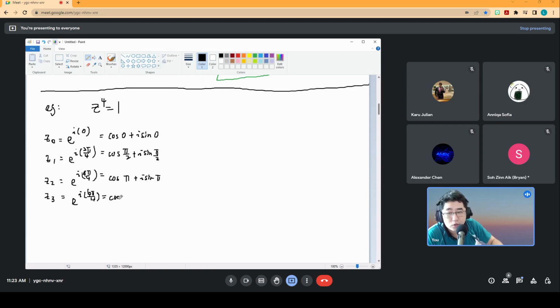Then cos of 3 pi over 2 plus i sin of 3 pi over 2. Of course, we can also write them in real-imaginary form. We have 1, i, minus 1, and minus i. Do you agree?